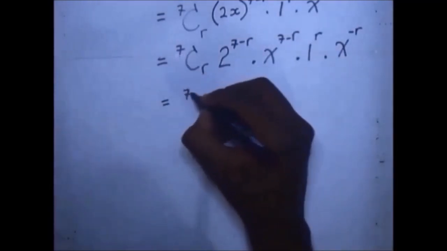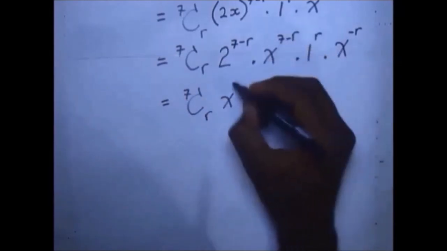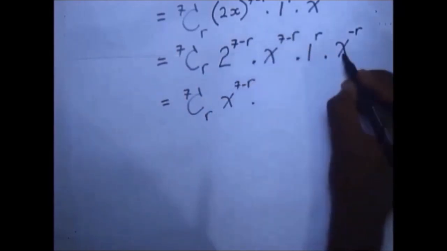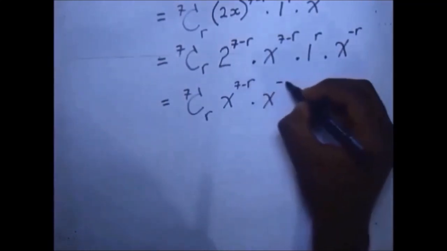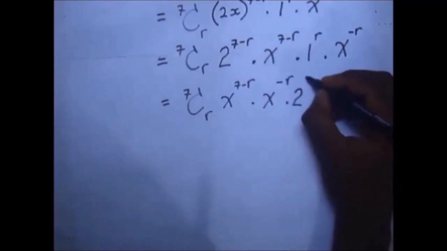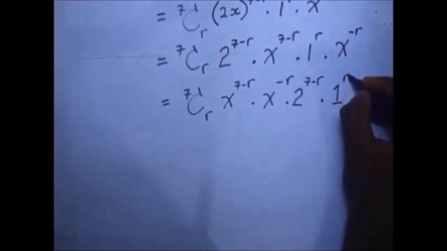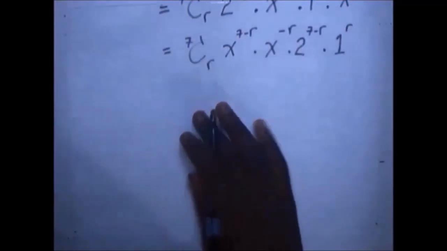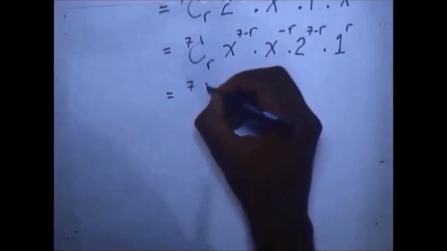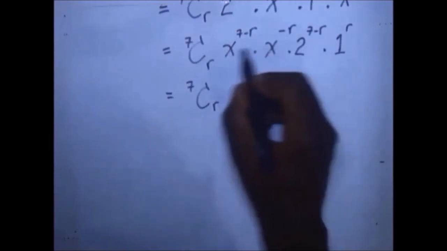So it's going to become 7 combination R, this value of x, x to the power 7 minus R, times this value of x, x to the power negative R, then times 2 to the power 7 minus R times 1 to the power R. This is using our laws of indices: the bases are the same, so we add the powers.